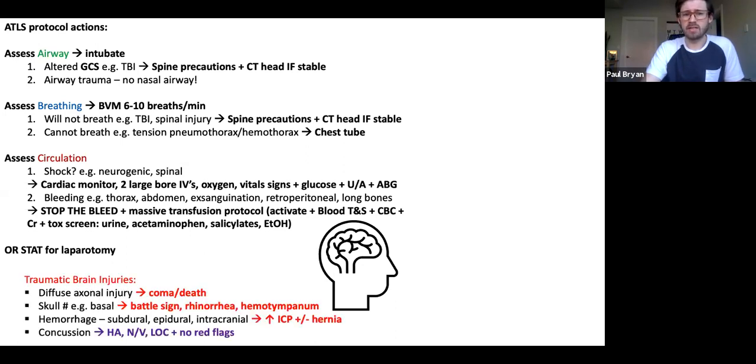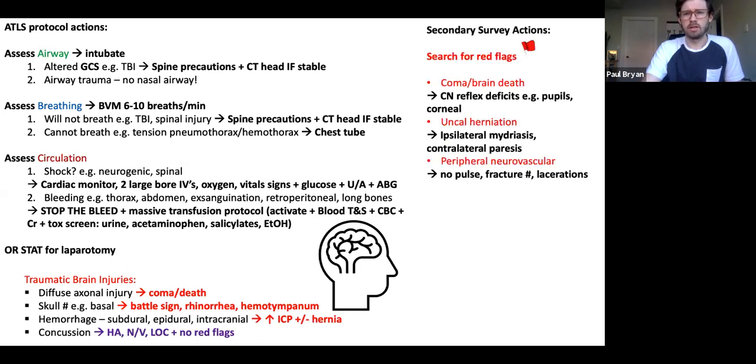Here are different signs of traumatic brain injuries. Again, these are basically highlighted in the CT and cervical spine head rules. So go ahead and take a look at those. Those are super helpful, and just understand why those are signs that are dangerous. Here are the red flags as well, and this is part of your secondary survey. So once you go through the A, B, and Cs, and the patient is stable and doesn't need to go to the OR, you ask: what other injuries may I not have addressed or recognized yet?